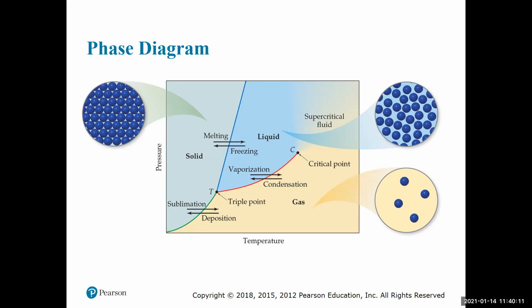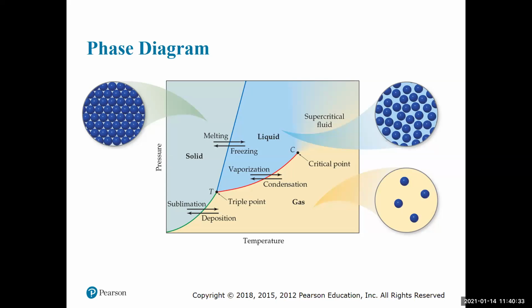So on here we see the T, in the lower left-hand corner, that's the triple point. Remember we said the triple point is where gas, liquid, and solid are in equilibrium. C is that critical point where if we go beyond that in terms of temperature and pressure, we then have a supercritical fluid.